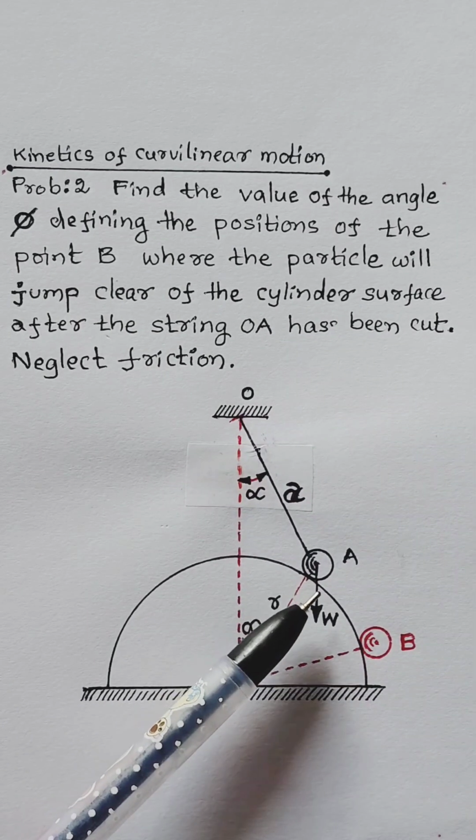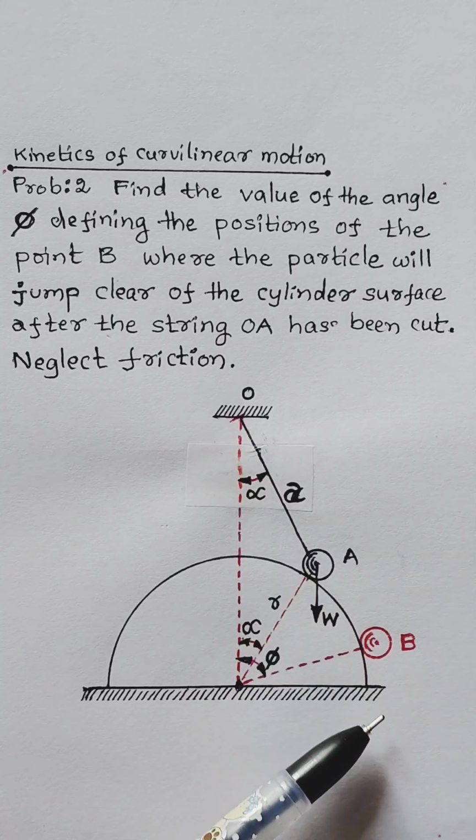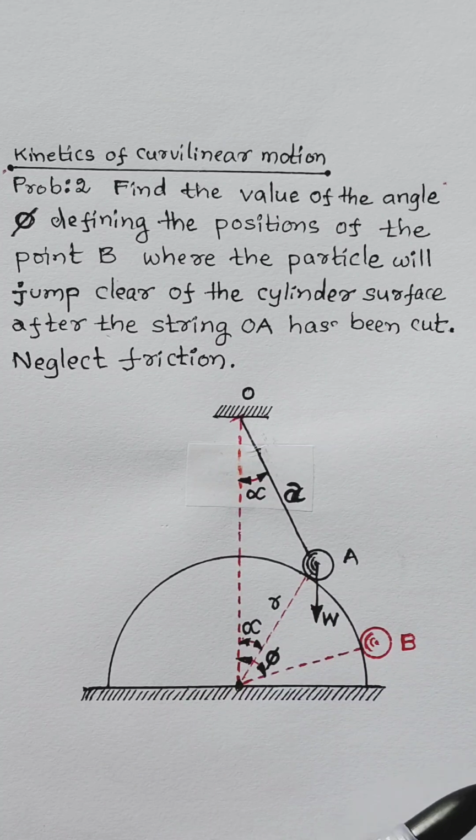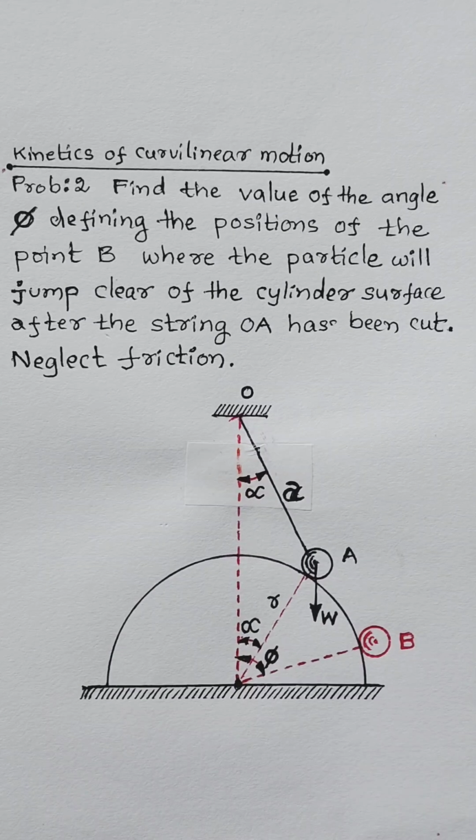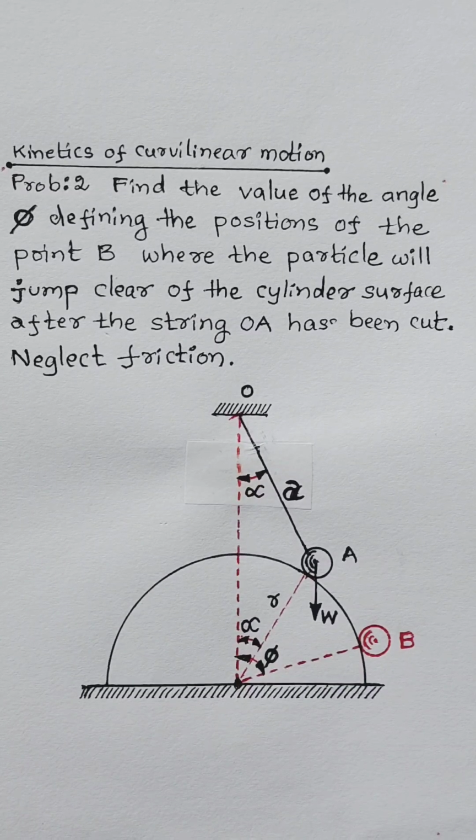While it is moving from A to B in curvilinear motion, at the contact, normal reaction force will be generated. By following the direction of motion from A to B, tangential acceleration is taking place and also normal acceleration is taking place.